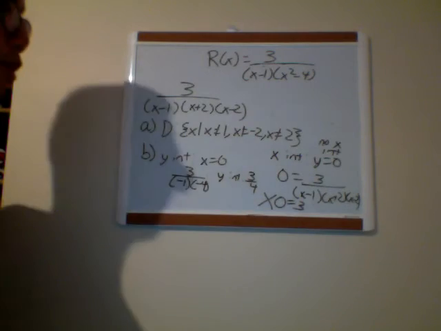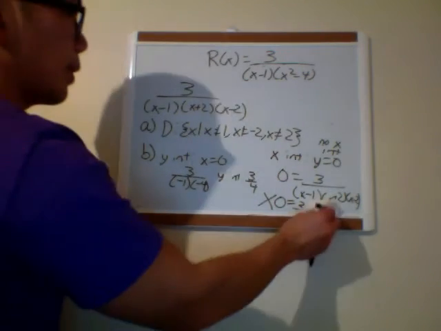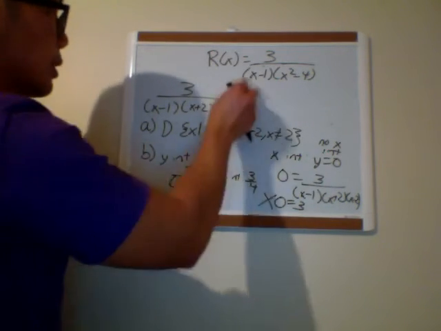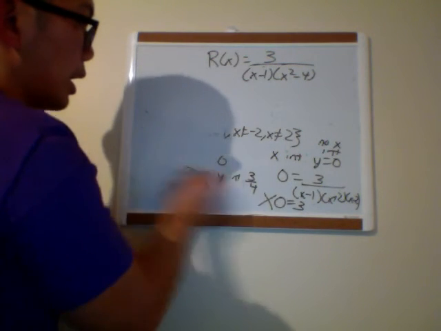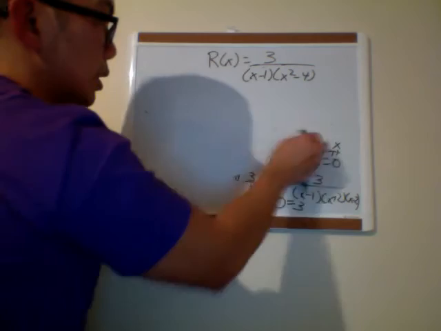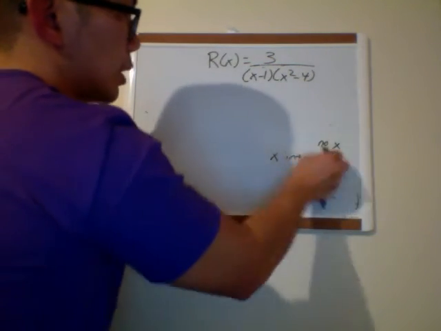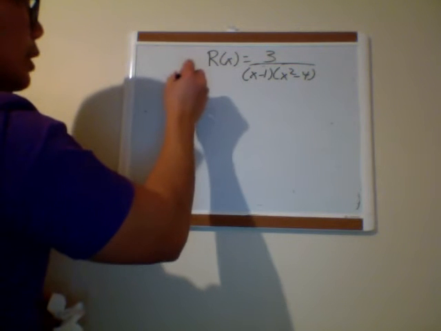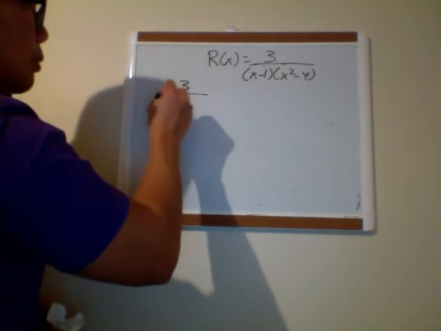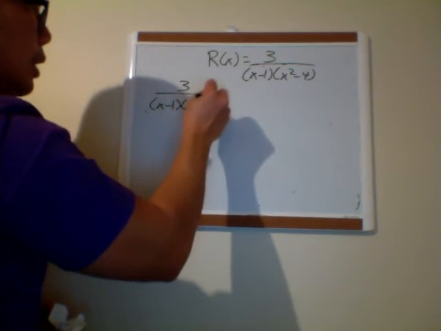Now, the next thing that we have to do is find the asymptotes. So I'm going to erase this. And the asymptotes are where, after you simplify this, so remember we simplified this to get 3 over x minus 1, x plus 2, x minus 2.